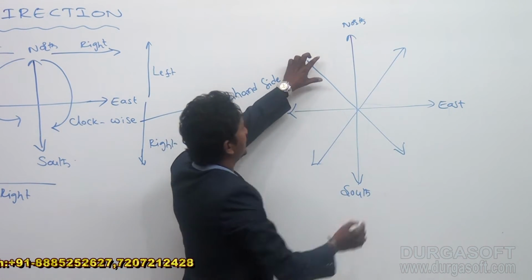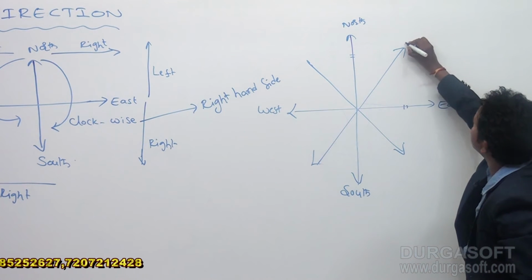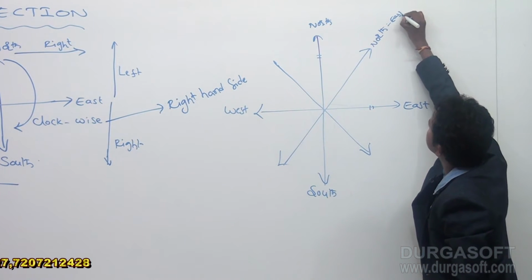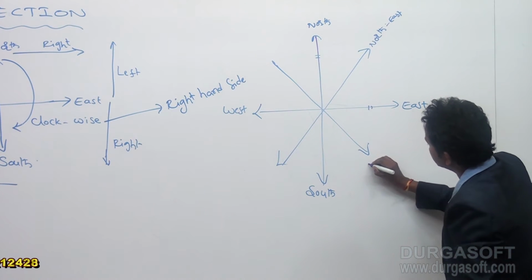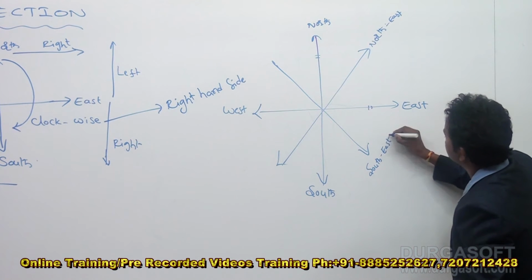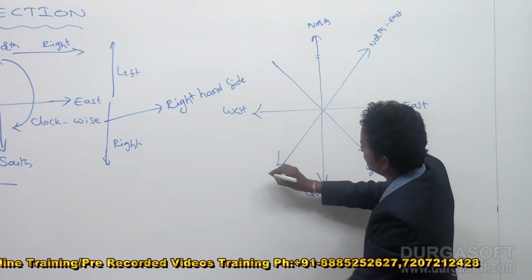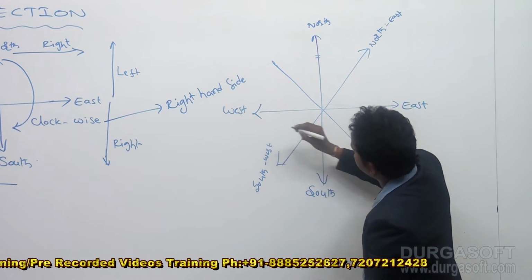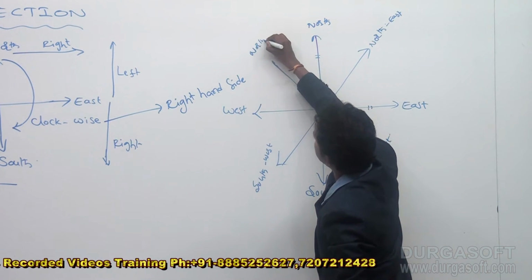Between north and east is northeast. Between south and east is southeast. Between west and south is southwest. Between north and west is northwest.